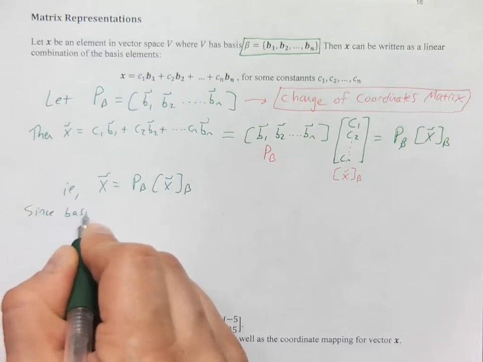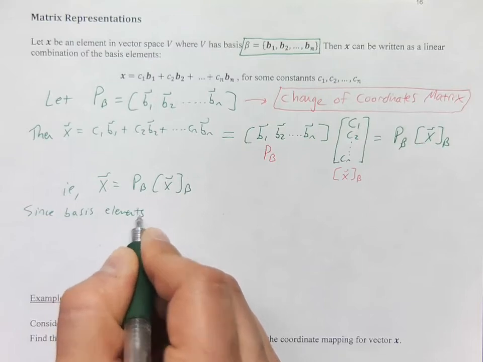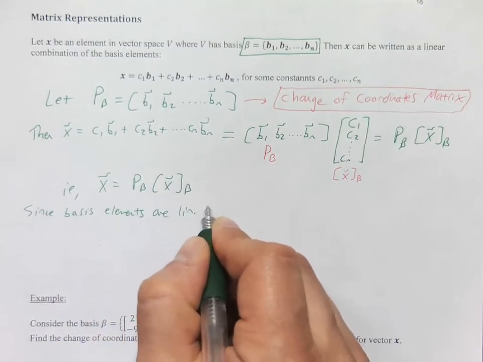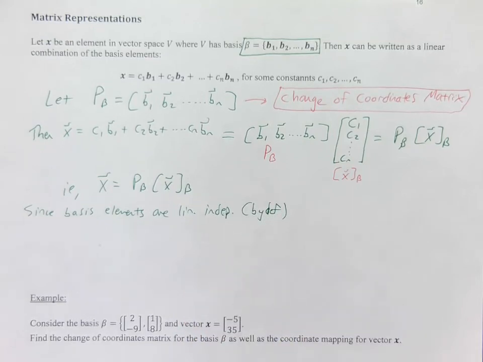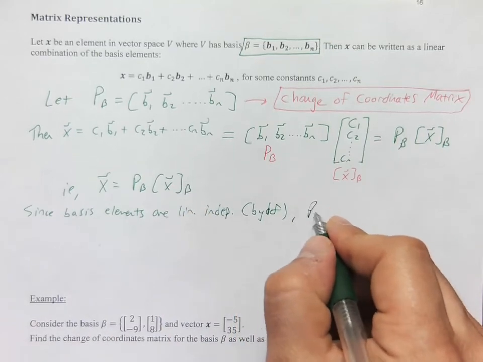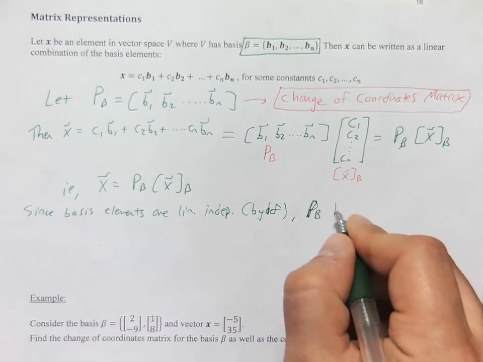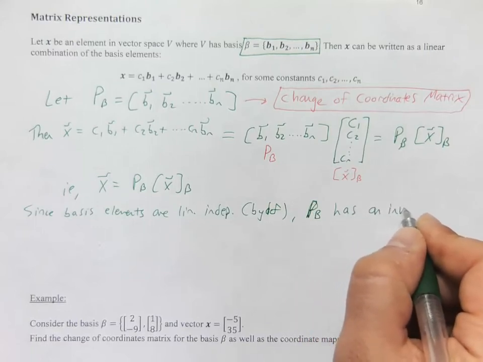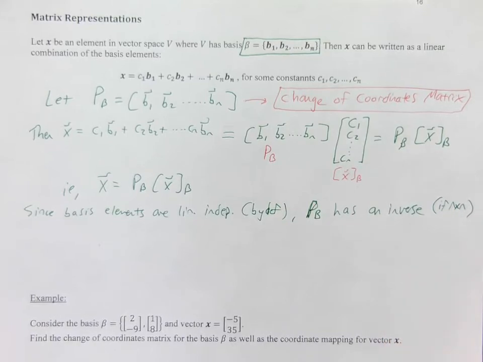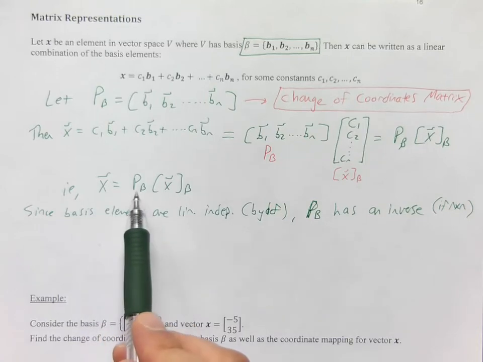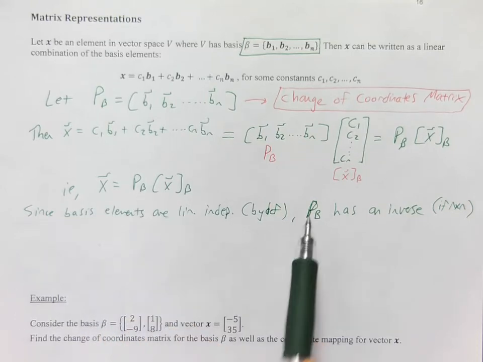Since the basis elements are linearly independent by definition, in order to have a basis, you need to have linearly independent elements, that means that P sub beta has an inverse, assuming it's square, and assuming we're in Rn and we have a square matrix here. And so that means that we could multiply both sides of this equation by P sub beta inverse because we're sure P sub beta inverse exists. And so notice what happens when we do that.